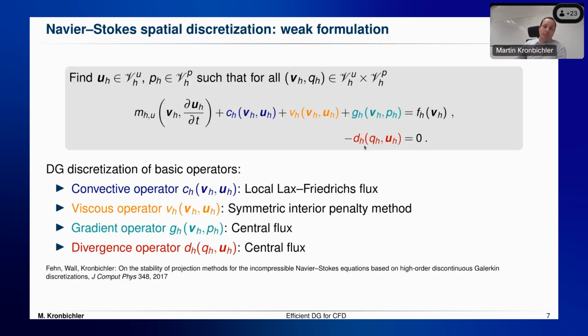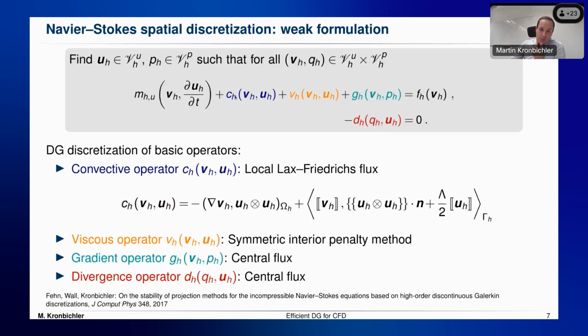The ingredients that we use for the DG discretization are very classical in the sense that we could just list them one by one. For the convective operator, we just look into local Lax-Friedrichs fluxes, which is just integrating by parts, and then you get the jump of the velocity times a penalty parameter, which is typically the norm of the velocity in normal direction.